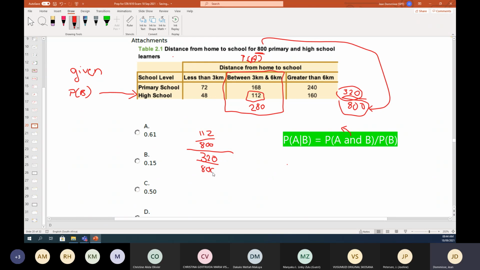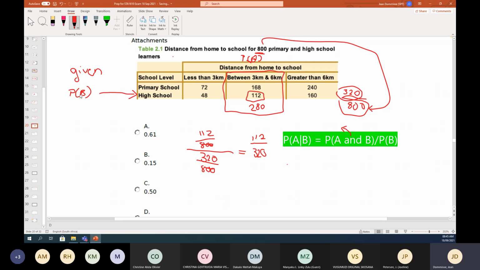Okay, so what we could have done, because we are dividing by 800 in both, is we could have just said it's 112 divided by 320. And that will give us the same answer. So we now did the long way. To get the probability of A and B, if I normally would work it out, it is 112 divided by 800.